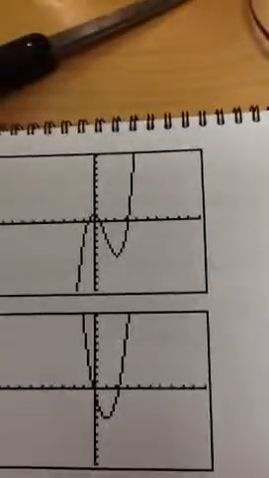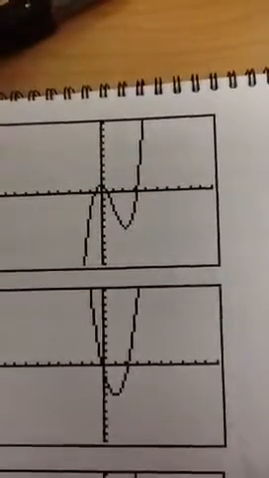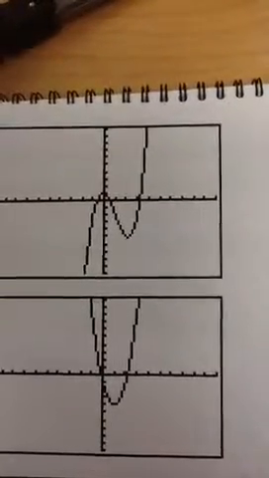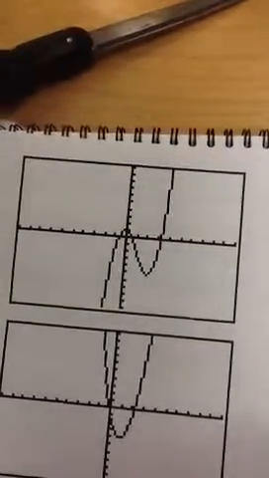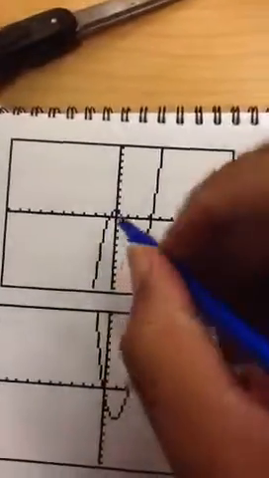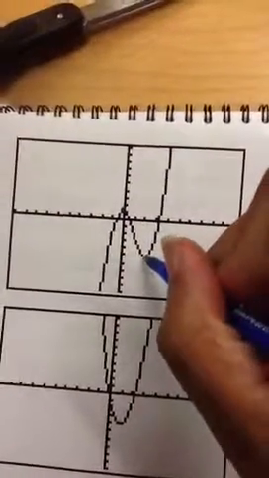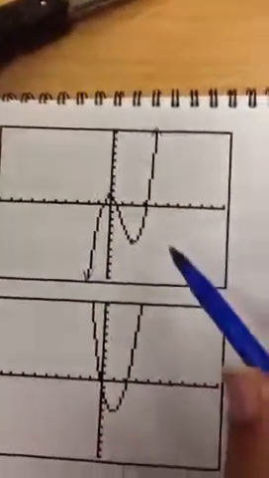Well, let's look at some graphs. If I was to ask, okay, where's my absolute minimum, max, local mins and max, and points of inflection? All right. The easiest things to find right offhand would be the local mins and maxes. And we're to assume that these graphs are going on forever.